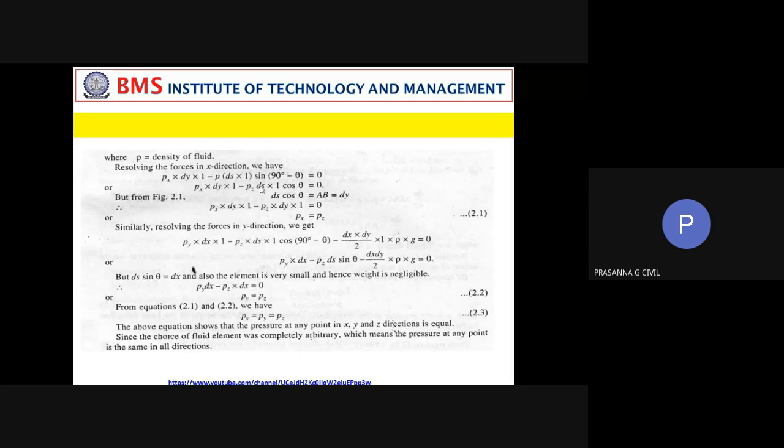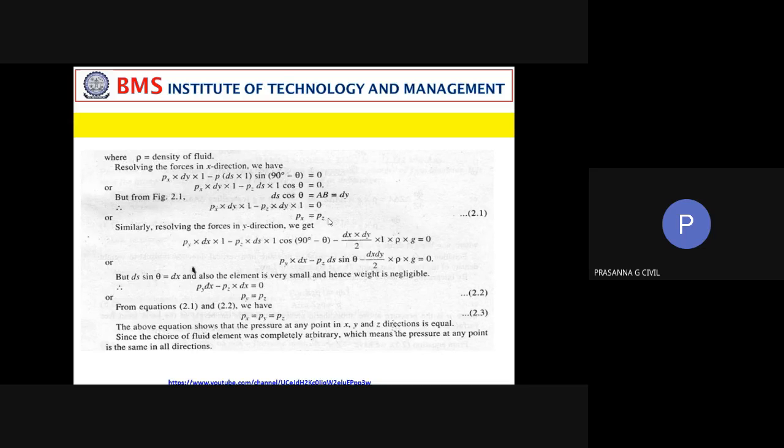So this ds and this cos theta together, we will write it as dy in the next equation. So px dy into 1 minus pz ds cos theta, we are writing it as dy into 1, is equal to 0. Because this is minus, I'll put it to the other side. All the other terms are common, they get cancelled, and you have px is equal to pz. So pressure on one side and pressure on the other side we have equated.